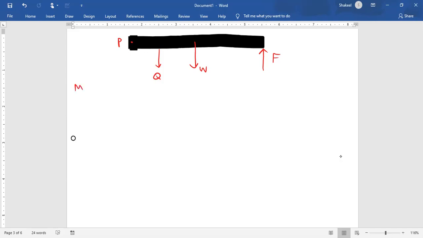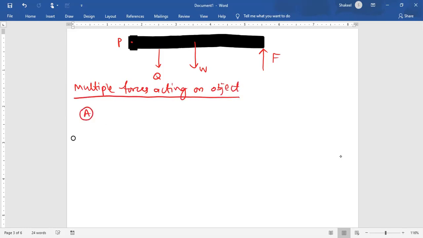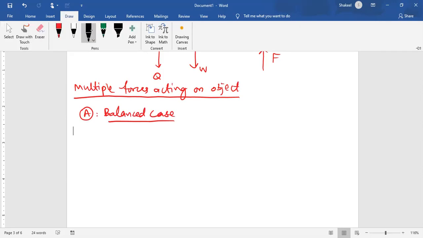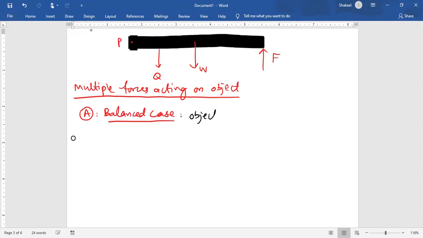For multiple forces acting on an object, the first case will be the balanced case. Let's say the object is balanced: it is not moving, not rotating.